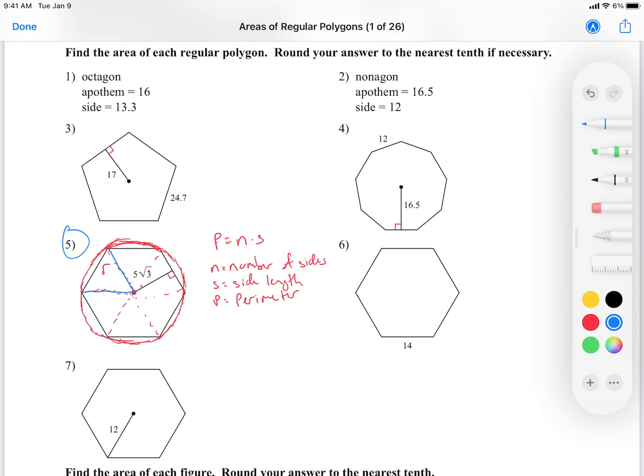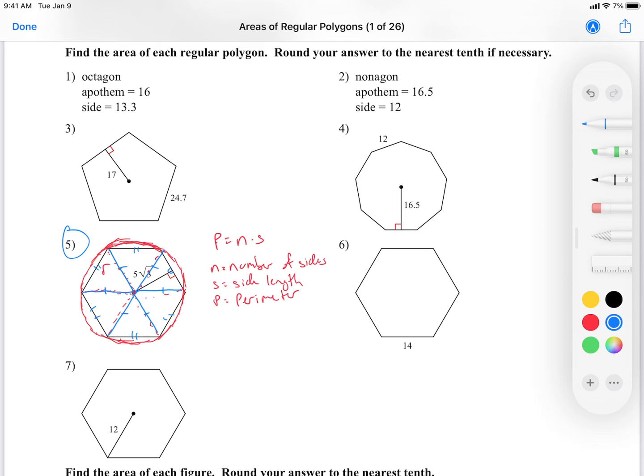We don't necessarily know how to find the area of this hexagon yet, but if I instead break this up, and remember this is a regular polygon, so that means all of these triangles over here are congruent, because all of these lengths are also congruent. And remember, all these sides are congruent. So essentially by side, side, side, I have 6 congruent triangles in here.